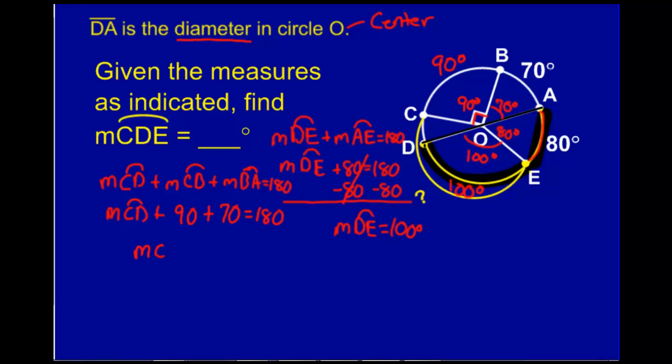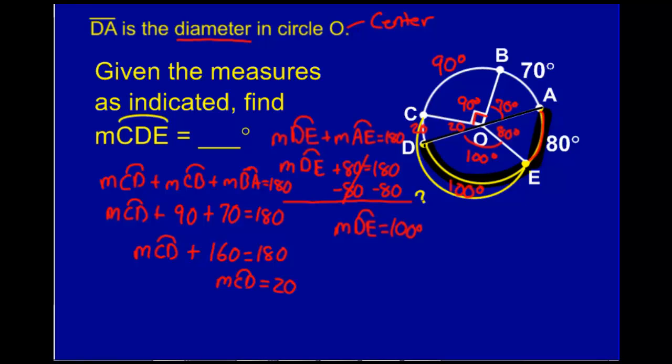So the measure of arc CD, we're going to combine like terms, 90 plus 70, 160 equals 180. We're going to subtract 160 from both sides, and arc CD is going to be 20. So this angle here is going to be 20. And now our final answer, what are we looking for?